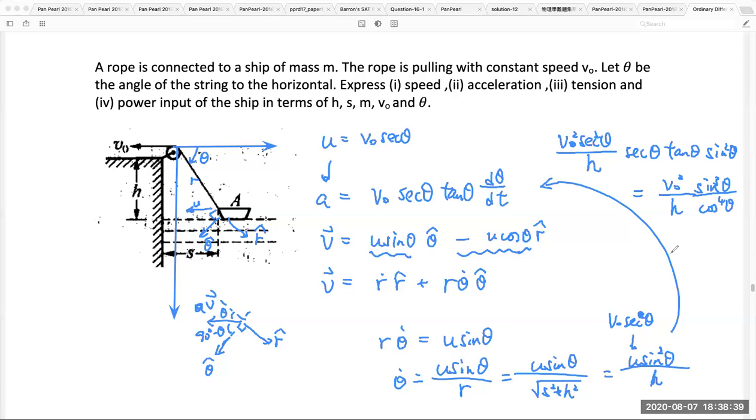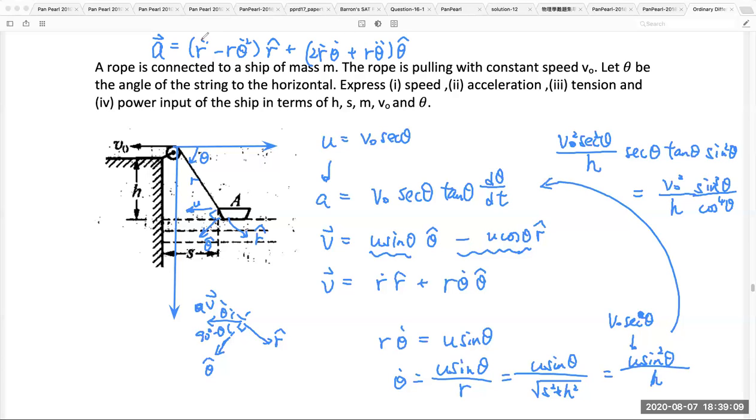Of course, if you know that the acceleration can be written in this form, then you can use this formula to find r dot or theta dot, whatever you want.